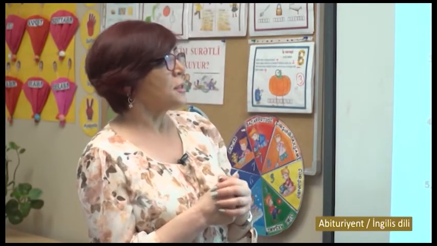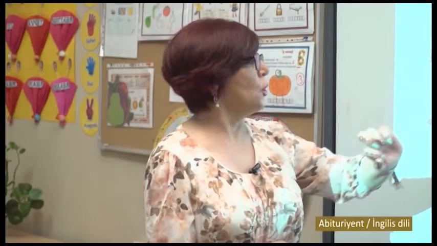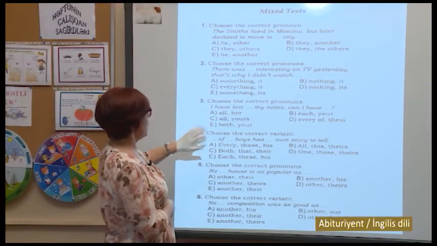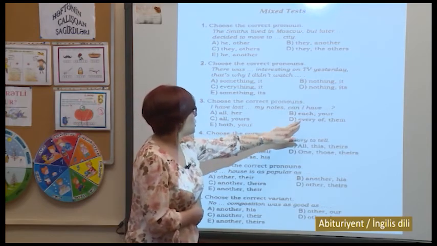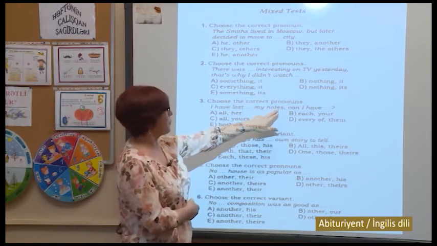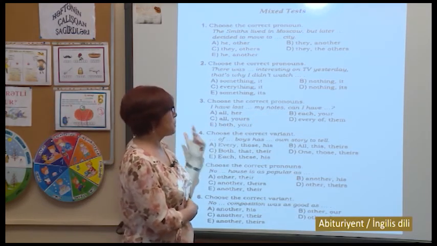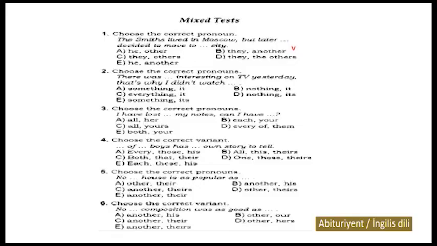Third one: I have lost gaps my notes. Can I have gaps? I have lost all my notes. All is here. We can't use each or every. Why? Because each and every require the noun to be in singular, but here the noun is in plural. And plus, after every, what about of?